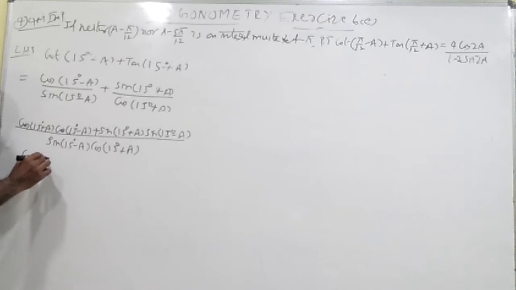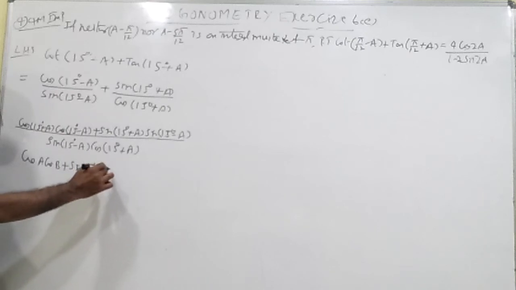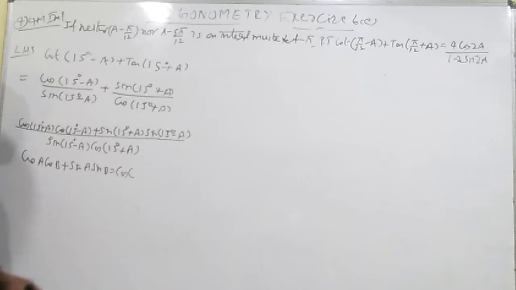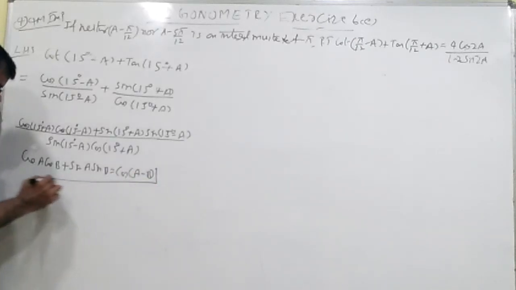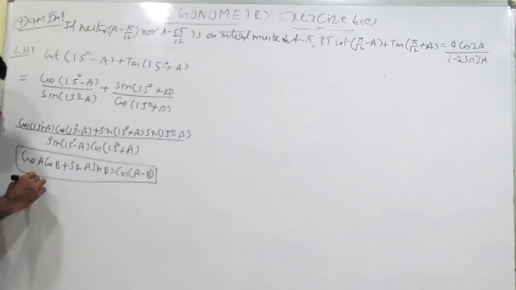If you know the formula of compound angle, cos A cos B plus sin A sin B, what is it? Cos of (A minus B). If you know the formula properly, then only you can understand whether it is trigonometry or algebra or anything.